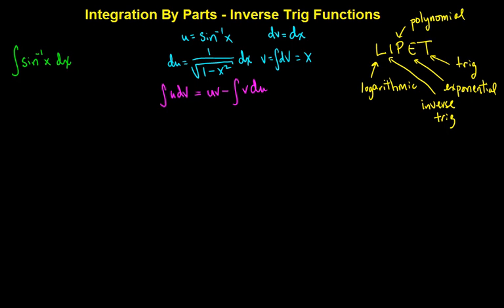And we'll put this all together now. So uv is x sine inverse of x, then minus the integral of v, which is x, then times 1 over square root of 1 minus x squared, and dx. So that doesn't look a whole lot nicer to integrate.